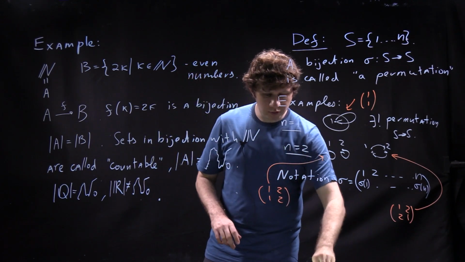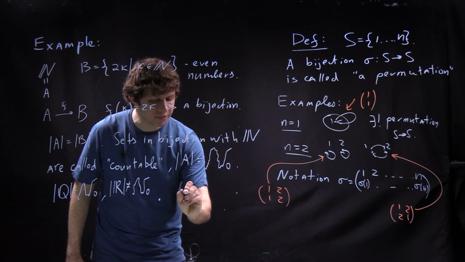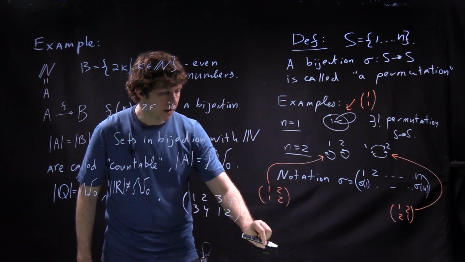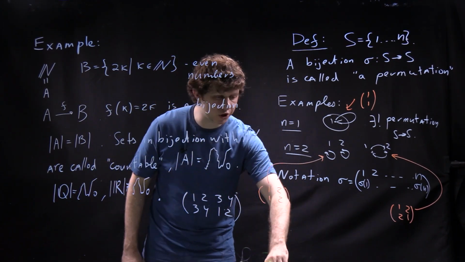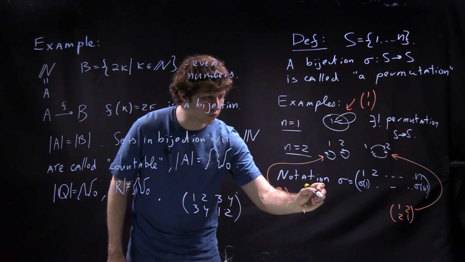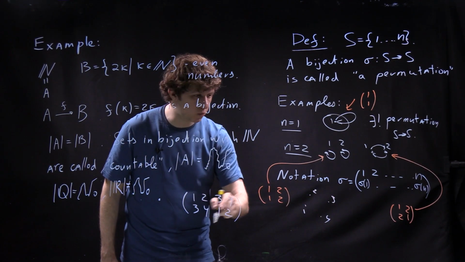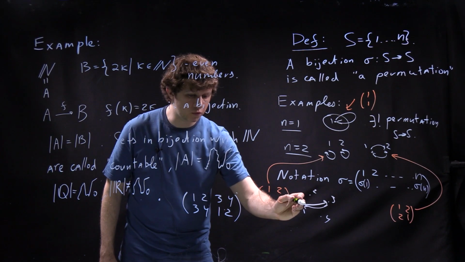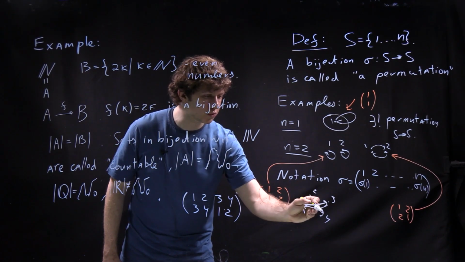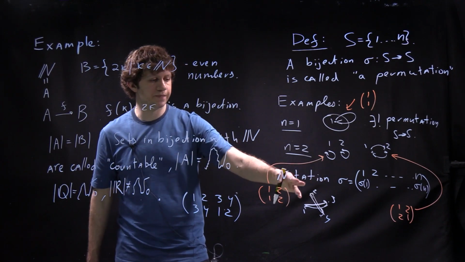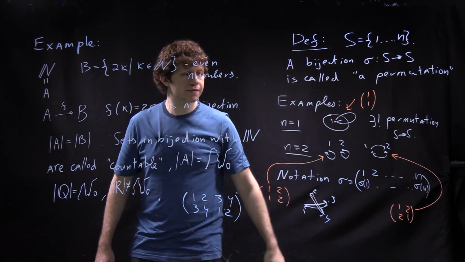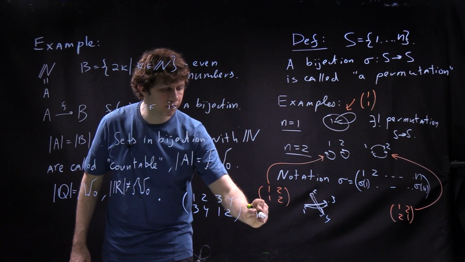But I can easily come up with a much more complicated example. For instance, I can take 1, 2, 3, 4 going to 3, 4, 1, 2, and this will be a permutation where 1 goes to 3, 3 goes to 1, 2 goes to 4, and 4 goes to 2. That is what it does. And this is a permutation of a set with 4 elements, an example for n equal to 4.